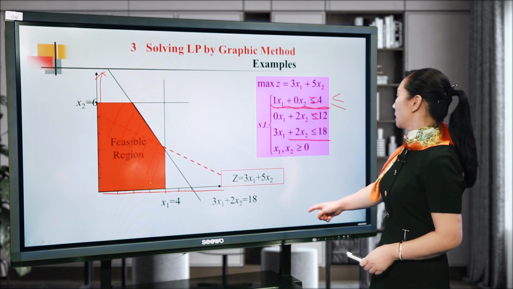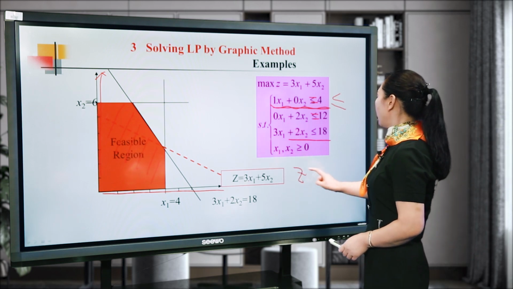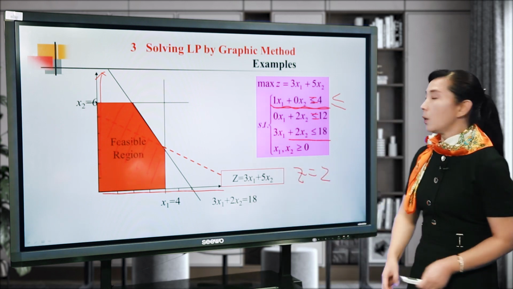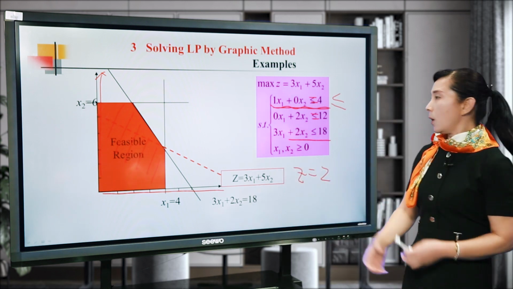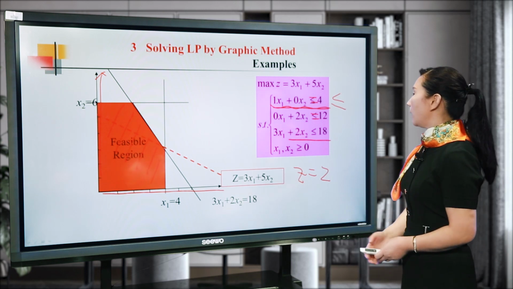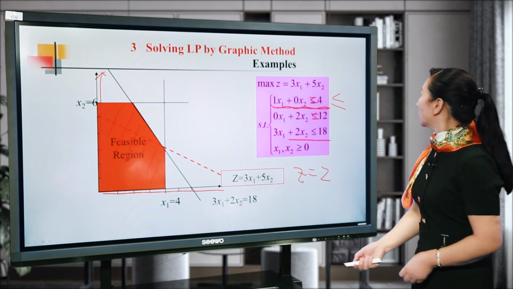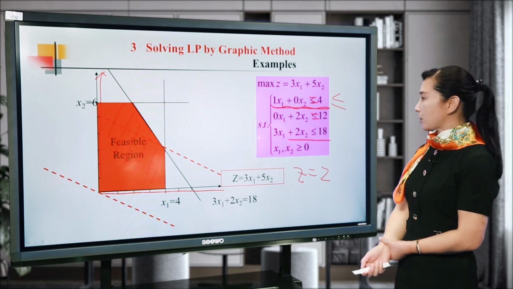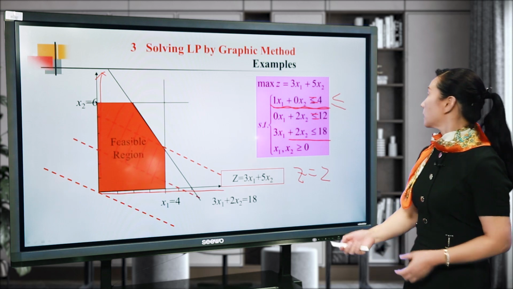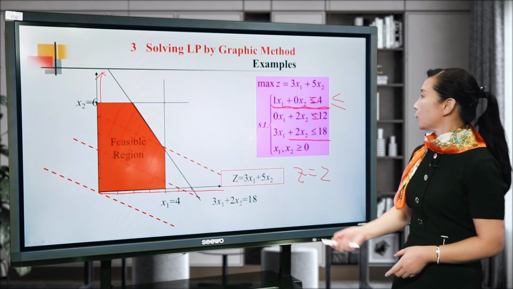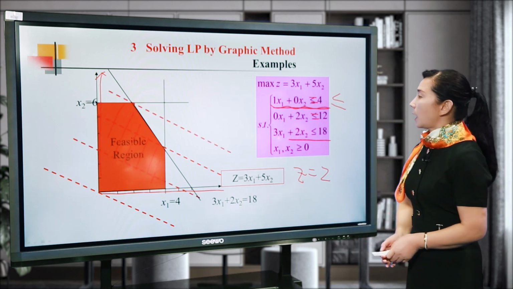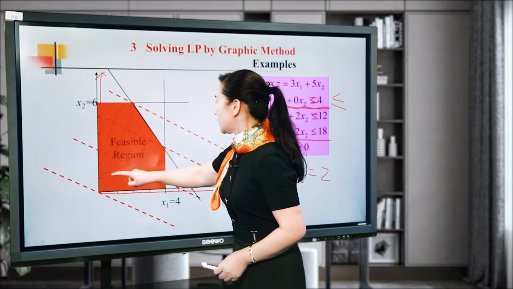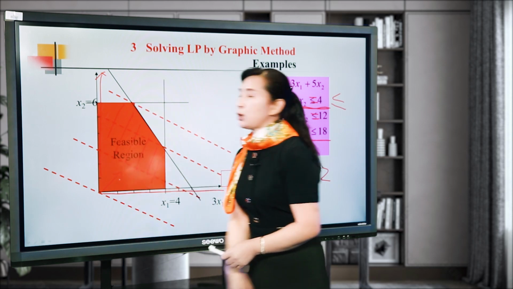For any objective line, we set J to any number, for example 20, 30, 60, 0, and so on. And we decide the maximum J direction and move the objective line along the J increase direction. J increases in this direction.